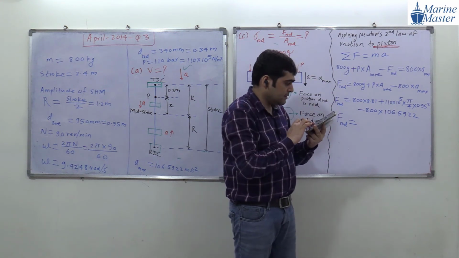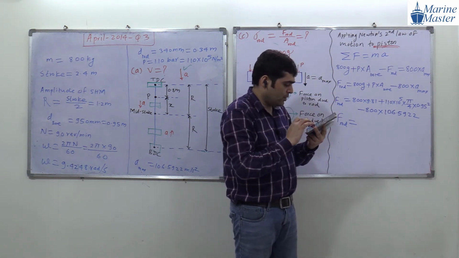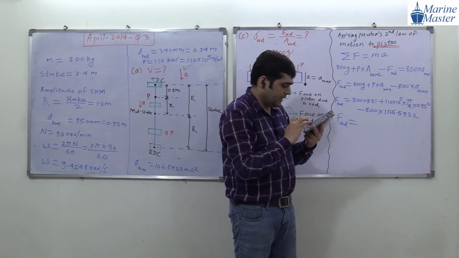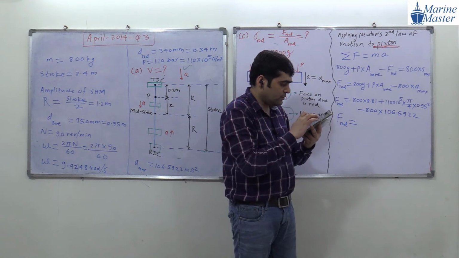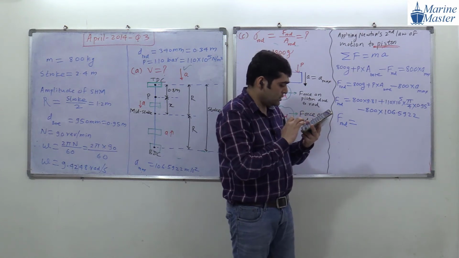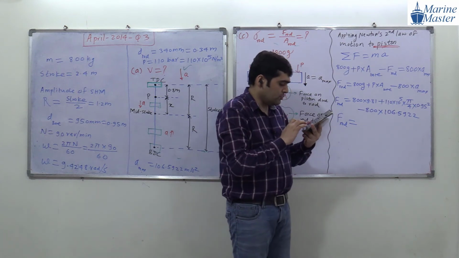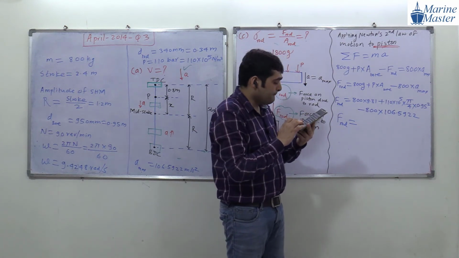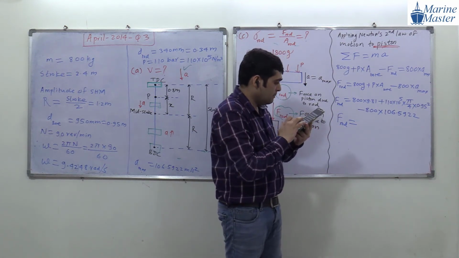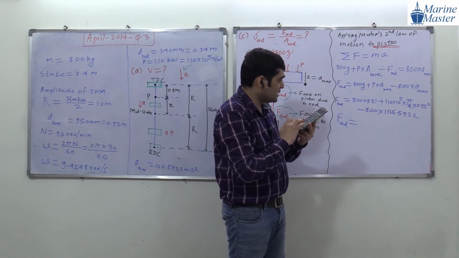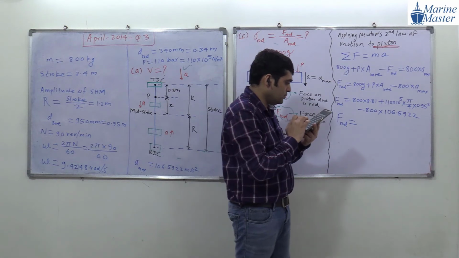So 800 multiplied by 9.81 plus 110 into 10 raised to the power 5 into 0.25 pi into 0.95 square, minus 800 into 106.5922.